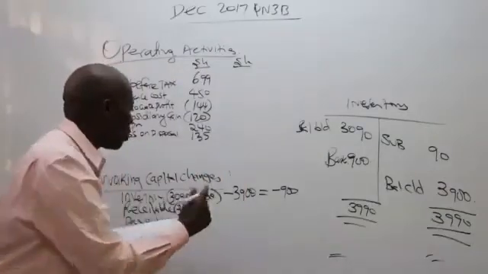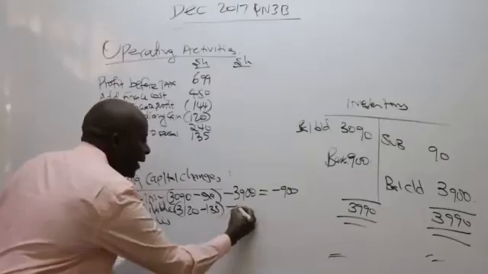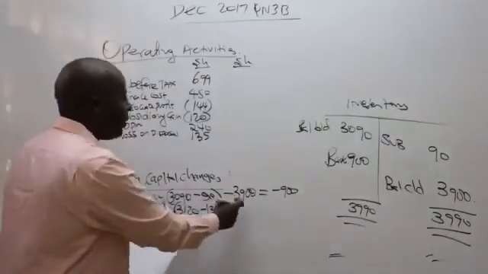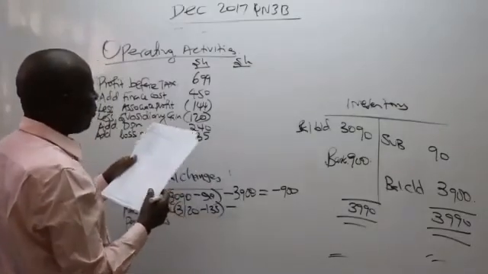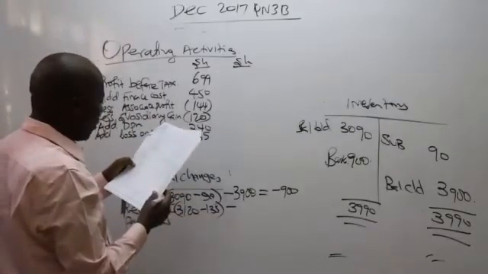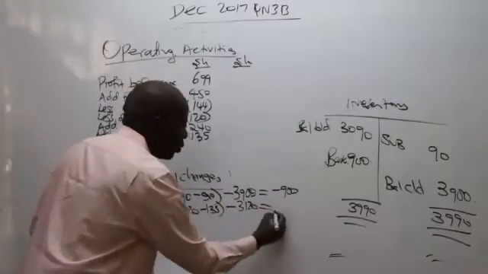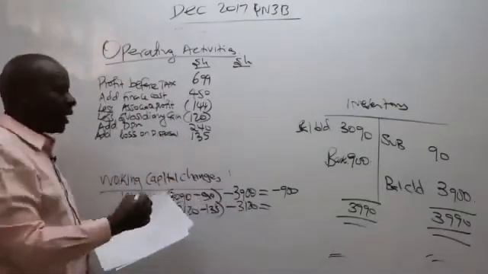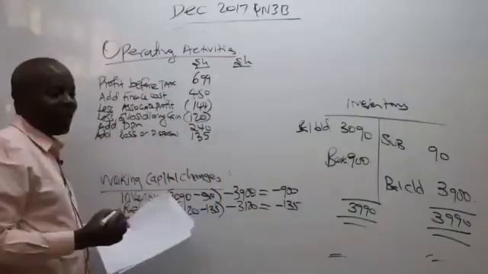So the receivable sold here will be minus 135, like that. And then minus the closing receivables figure for 2017, which was 3120. So could you kindly give me the final figure? Nakuja minus 135.